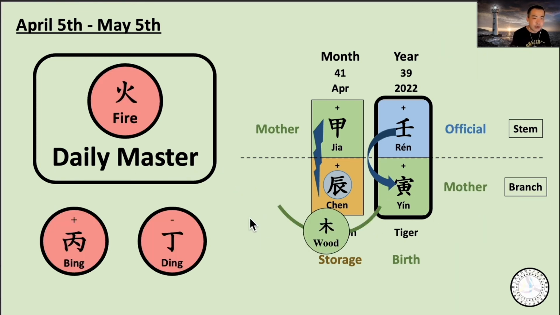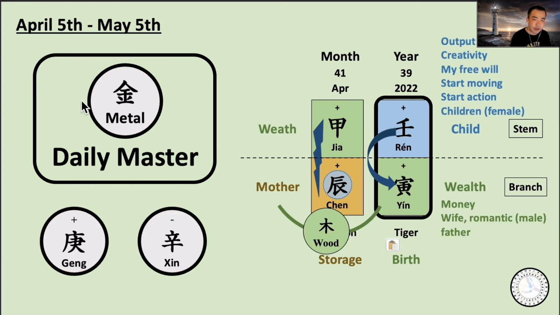It's the same knowledge that I explained before. The daily master metal is kind of using my will to do something, either making money or meeting a romantic relationship. And my mother is kind of creating a combination, becoming wood, which means what the metal daily master wants.